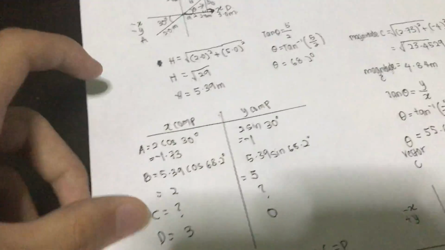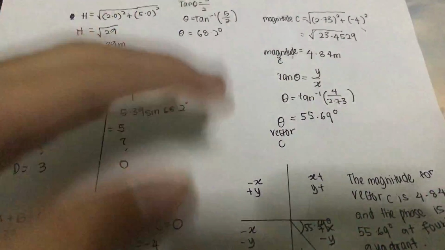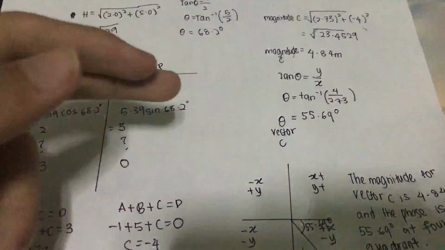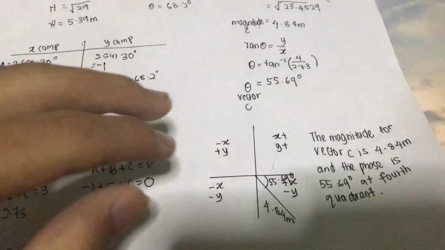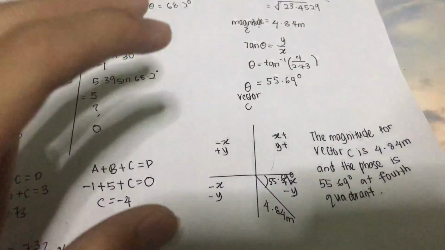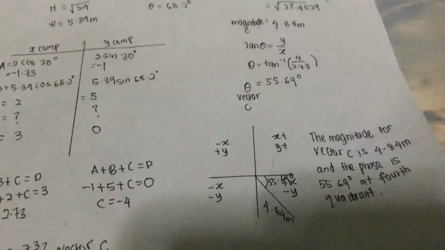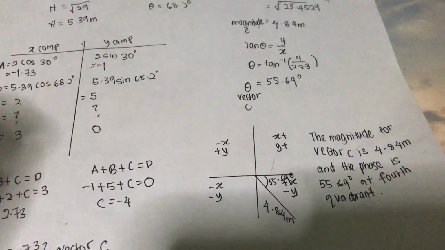Once we get the answer, we find the magnitude and also the tangent theta, and draw or sketch the picture for the new vector. So this is my question I get. So thank you.